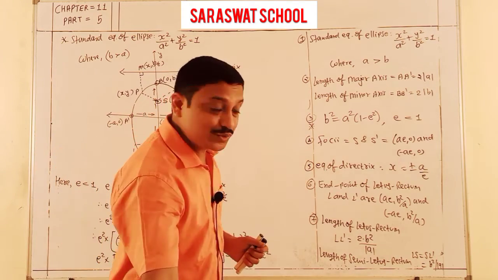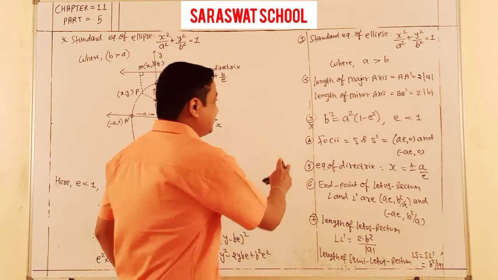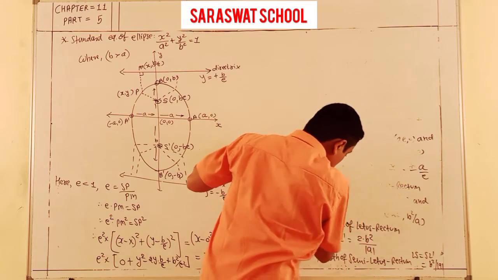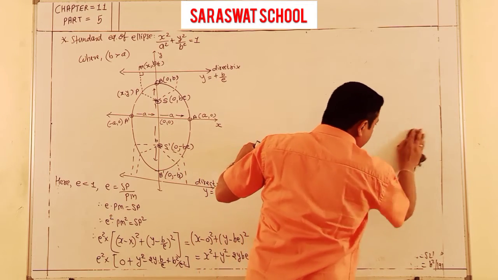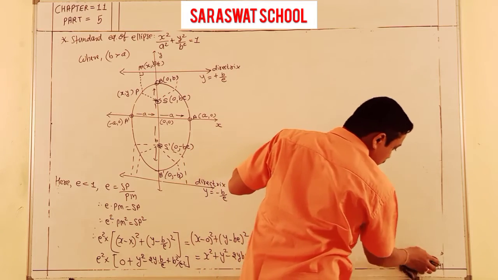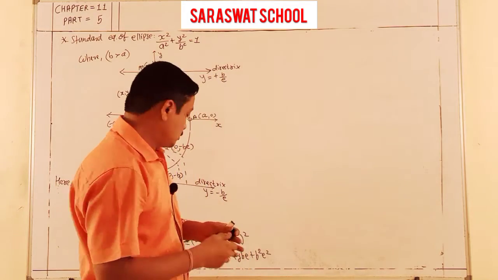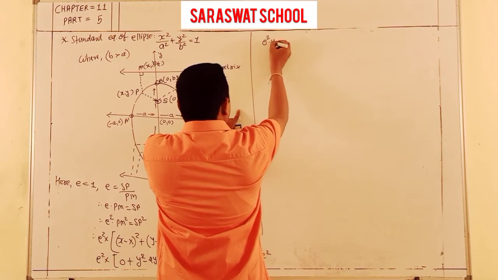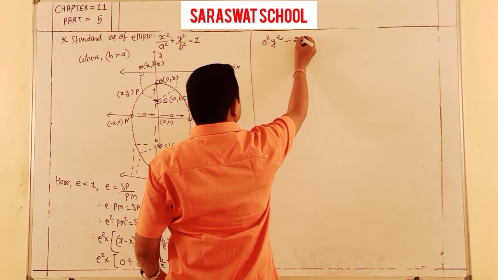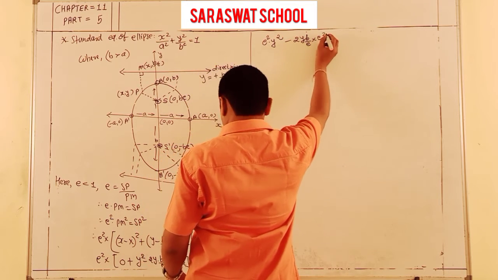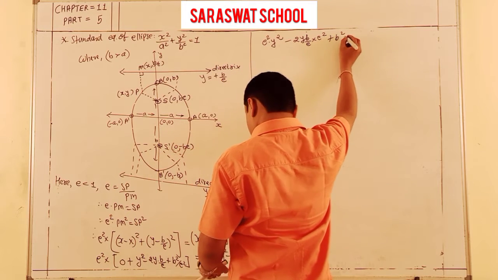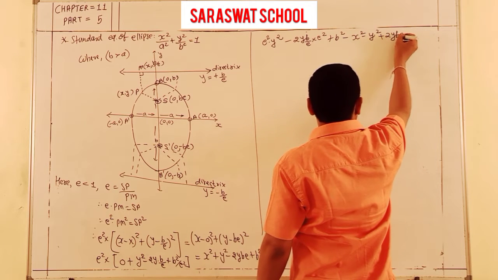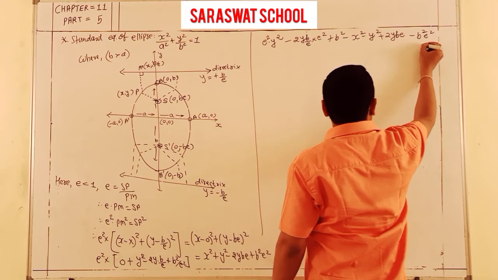Now, students, this e square I multiply inside, and you will cover one of the required equations. It's very easy and simple. So we will cover in these sides e square y square minus 2yb by e into e square plus b square, and minus take inside, this also take inside, plus 2yb minus b square is equal to 0.